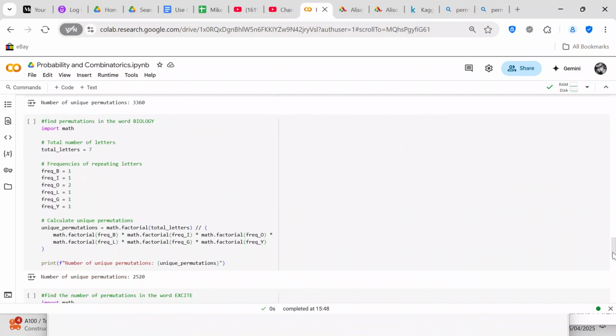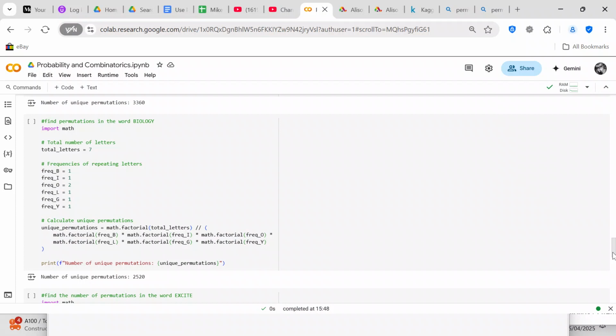So now we're going to find the number of permutations in the word biology. So we're going to import Python's inbuilt math library or module. The total number of letters is 7. The frequencies of repeating letters are: frequency B equals 1, frequency I equals 1, frequency O equals 2, frequency L equals 1, frequency G equals 1, frequency Y equals 1. So we calculate the unique permutations.